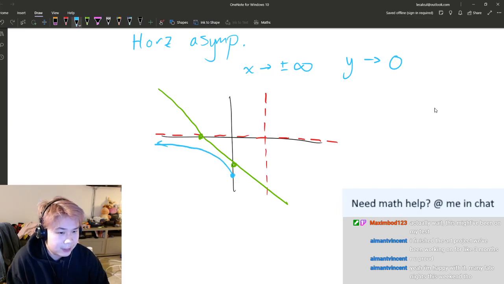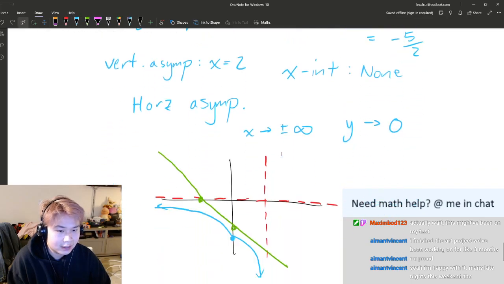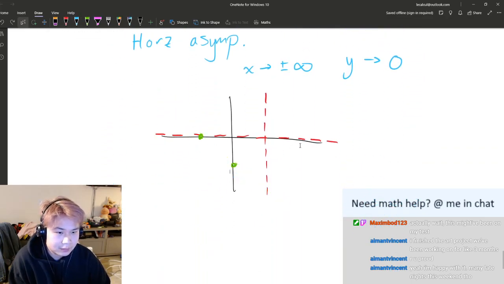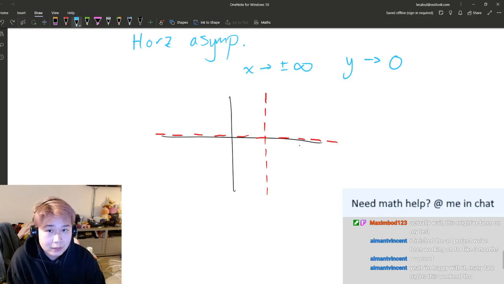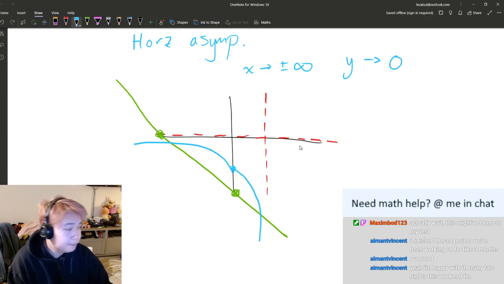And then if you just follow the asymptotes, something like this. Oh wait, whoops, these are at 4. Okay, undo. So 4 is a little bit further out, like here, whereas this y-intercept is right here. So then it's gonna go like this, and like that.